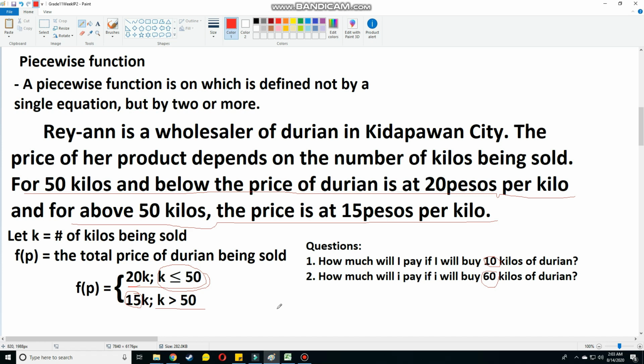By the way, if you are asking whether it is possible for a durian to be 20 pesos per kilo or 15 pesos per kilo, I would say yes, it is possible. It is legit.